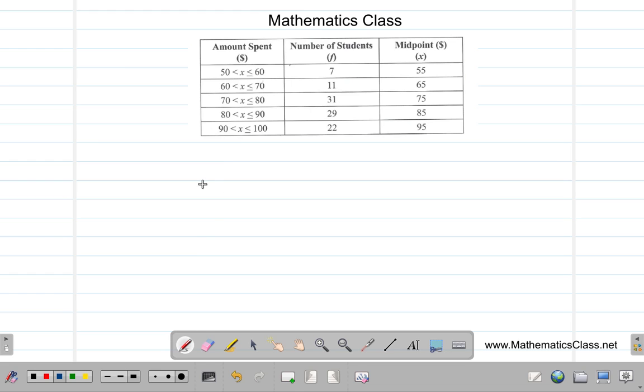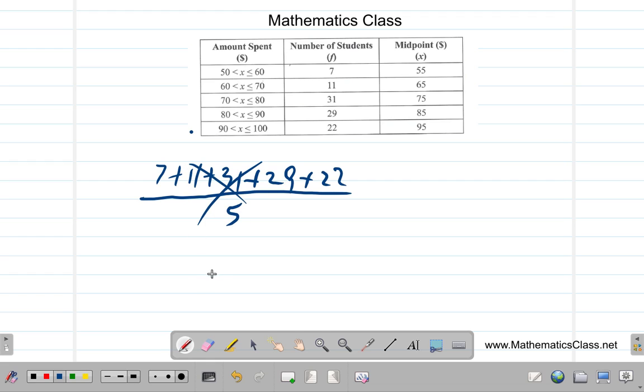First of all, some people will get this question wrong. One thing some people might do, they look at this and say 7 plus 11 plus 31 plus 29 plus 22 and divide by 5.